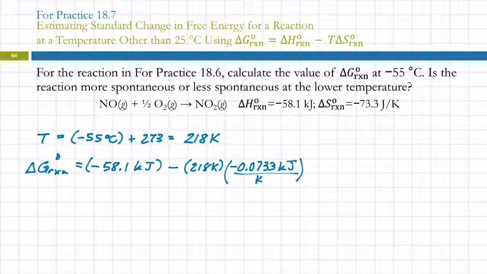Minus 58.1 minus 218 times negative 0.0733, negative 42.1 kilojoules.